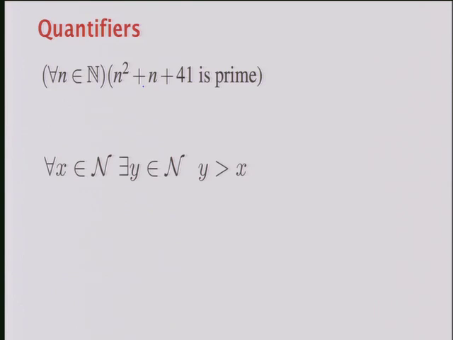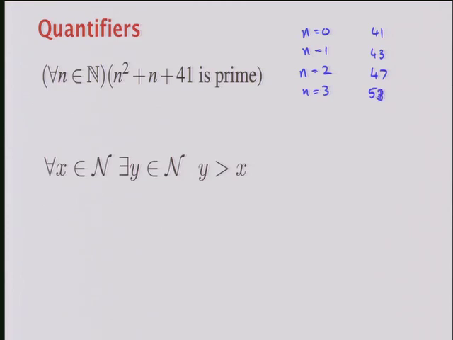Do you think this is a true statement? Do you know how close it comes to being true? You can try n equal to 0, it's true. N equal to 1, 43 is prime. N equal to 2, 4 plus 2 plus 41, 47, it's prime. N equal to 3, 9 plus 3 plus 41, 53, it's prime.